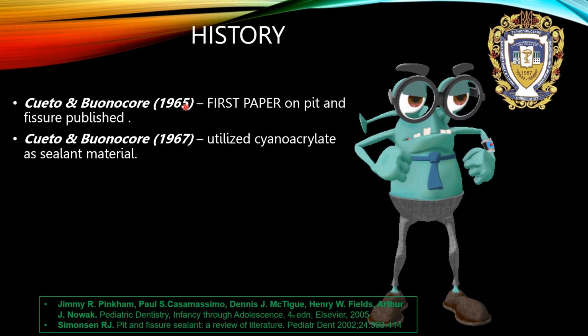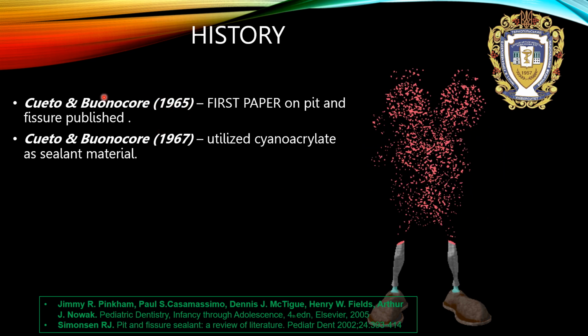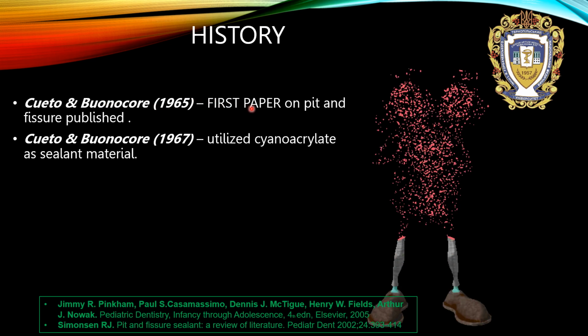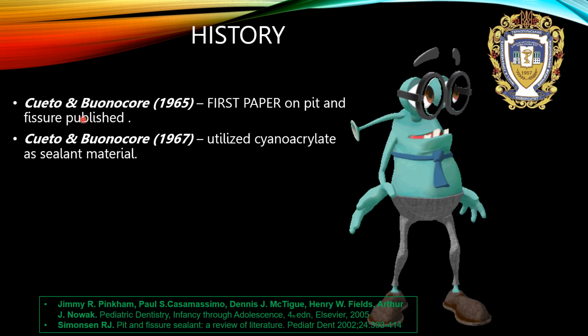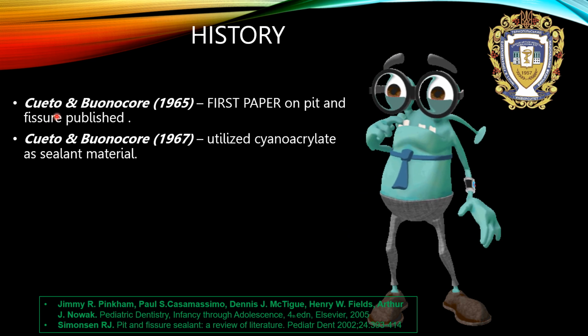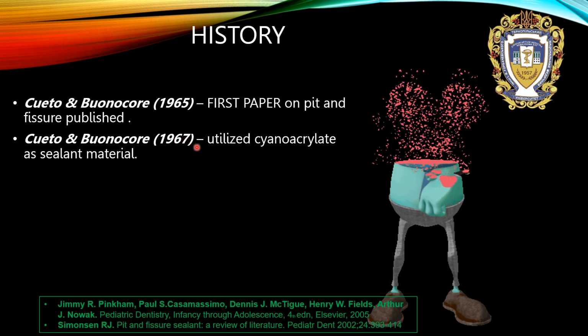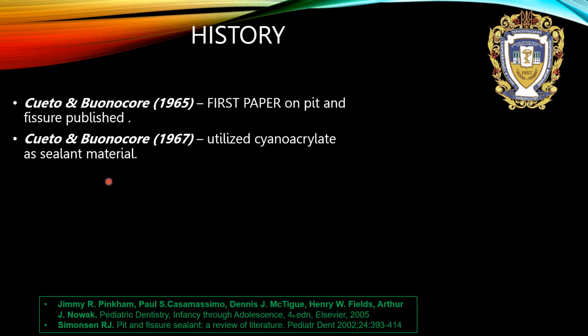In 1965, Cueto and Buonocore published the first paper on pit and fissure sealing, and in 1967 utilized cyanoacrylate as sealant material.